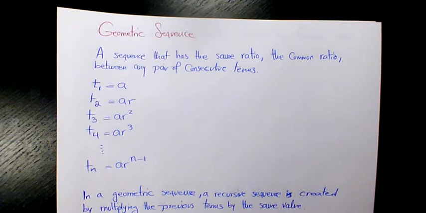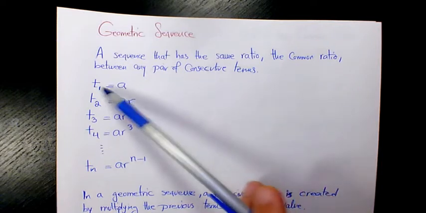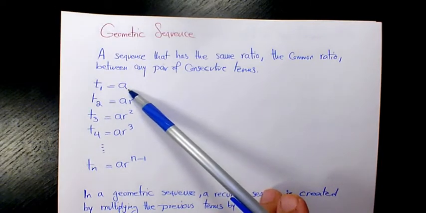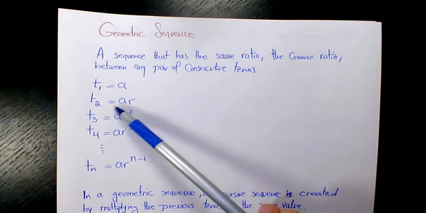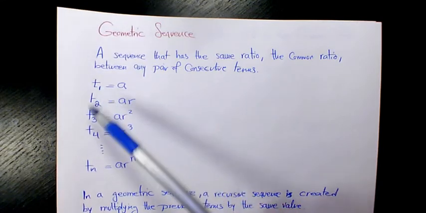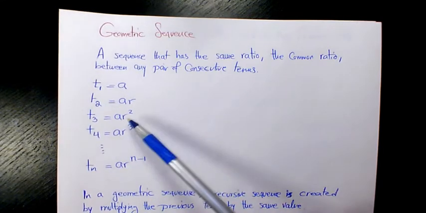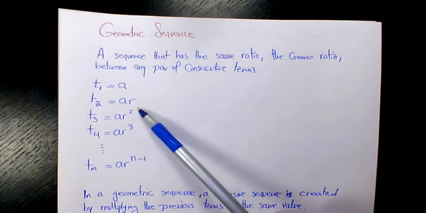Welcome to another video. In this video I want to talk about geometric sequences. A geometric sequence is a sequence that has the same ratio, called the common ratio, between any pair of consecutive terms. For example, we have t1 equals a, the second term t2 is going to be a times r, the third term is going to be a times r, which is a r squared.